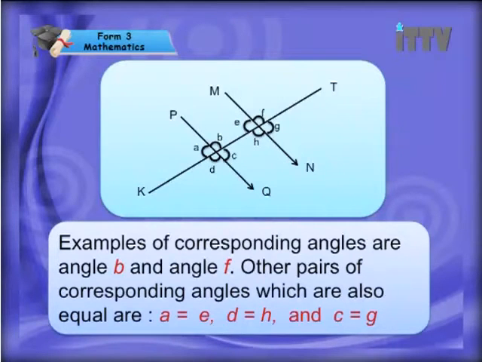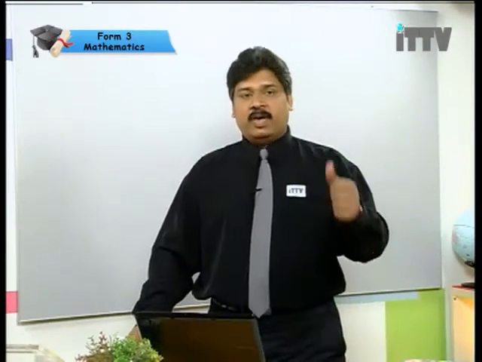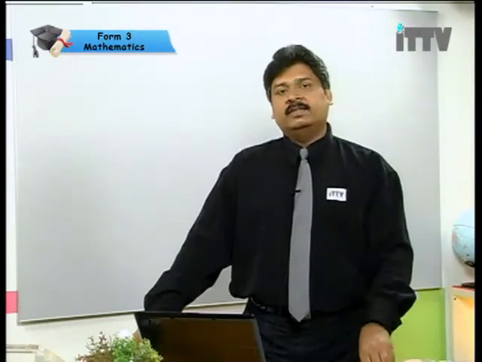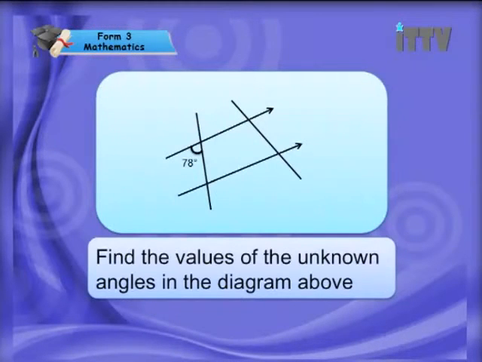Therefore, angle F, being a corresponding angle to B, will also be equal, that is 50 degrees. This is an important issue. The steps to identify corresponding angles are: first, identify which angles are corresponding angles; secondly, find their respective values.